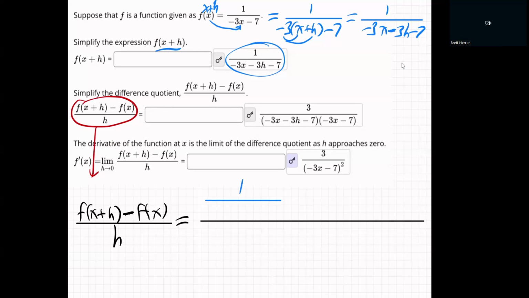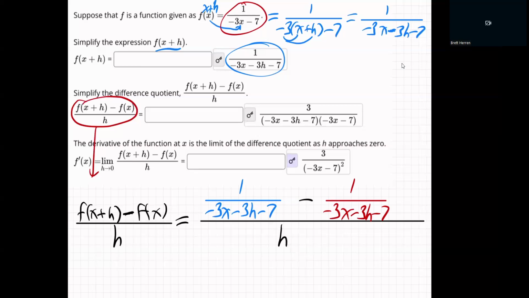It's going to be 1 over minus 3x minus 3h minus 7 minus, and then we're supposed to put f of x. And what is f of x? It is that. So 1 over minus 3x minus 3h minus 7. Okay, all over, don't forget the bottom down there, all over h, right?